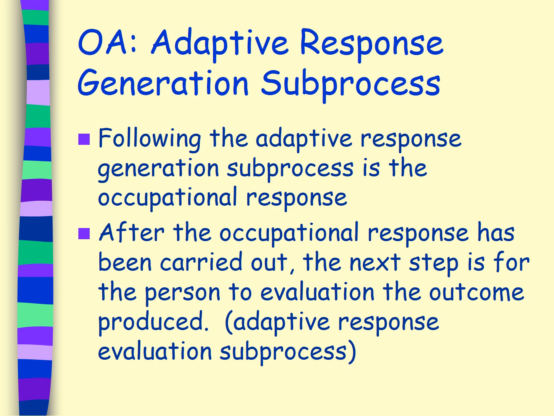And so from there, they're going to have some sort of response to their occupation. They're going to be able to complete their occupation, okay? And then from there, we move towards the left-hand side of your diagram to the adaptive response evaluation subprocess.